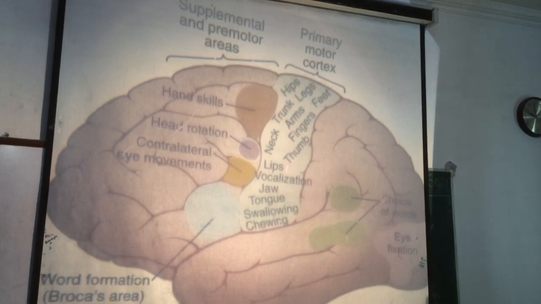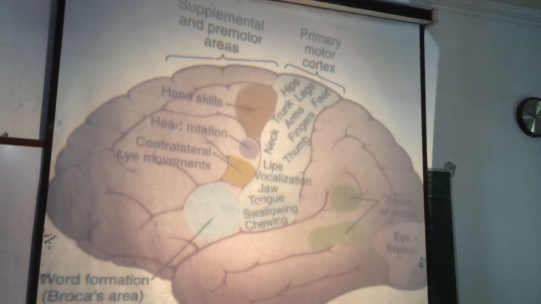You see, this is the lateral surface of the hemisphere. The lowermost part is concerned with chewing, swallowing, tongue, jaw, and lips.